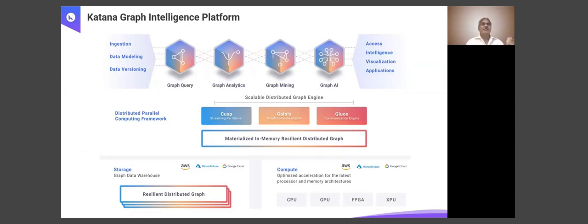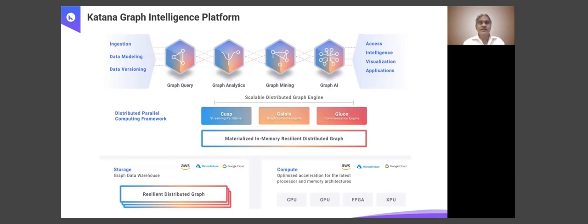What CUSP does is, if you point it to this particular graph that's sitting in secondary storage, and you say, here are the number of machines on which we want you to partition or shard the graph, and you can also specify the sharding policy or the distribution policy. You can even write your own partitioning policy quite easily using CUSP. CUSP then reads in the graph from secondary storage, shards or partitions the graph between as many machines as you have told it to, and then builds an in-memory representation of each portion of the graph on each of the machines in your cluster.